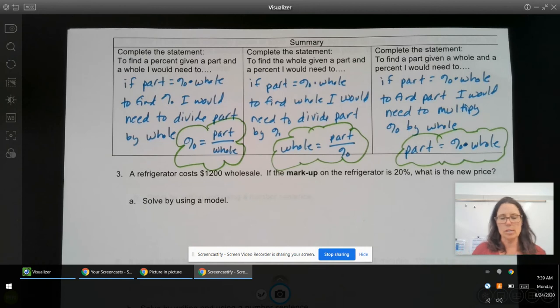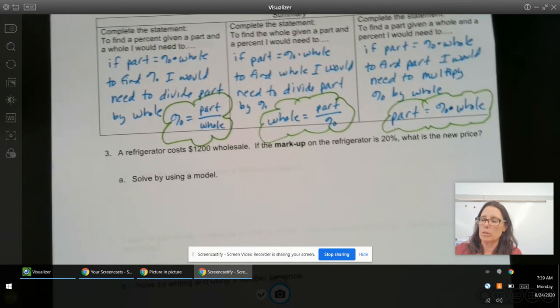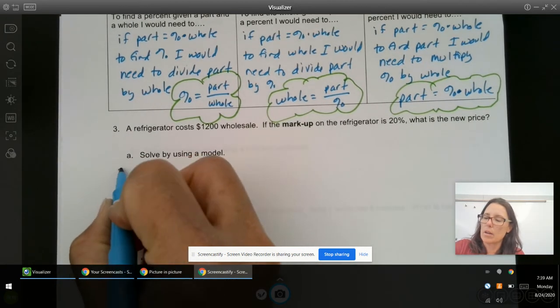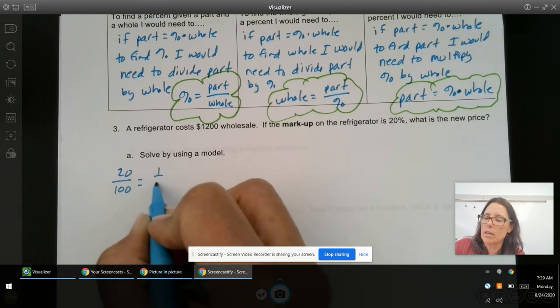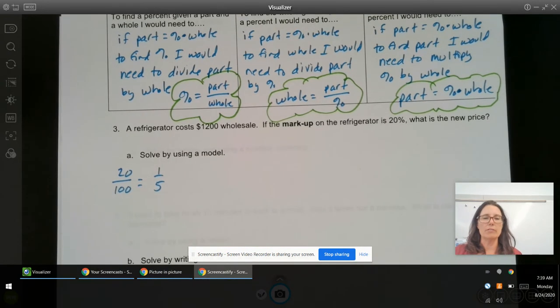We're going to solve this by using a model. 20%, you need to be thinking about fives. Remember that if you're given the percent, start with it over 100, 1 part of 5.